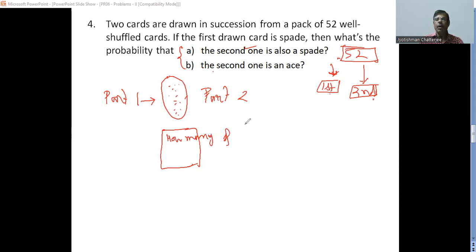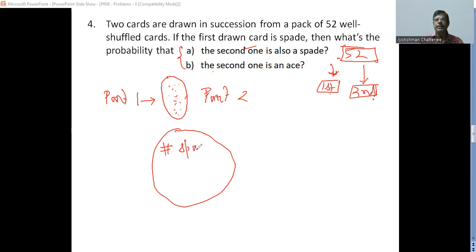This is the configuration left after part 1: how many total number of spades remaining, and total number of cards. By the way, total number of cards is anyway known because 1 is missing, so that is 51. That's known.